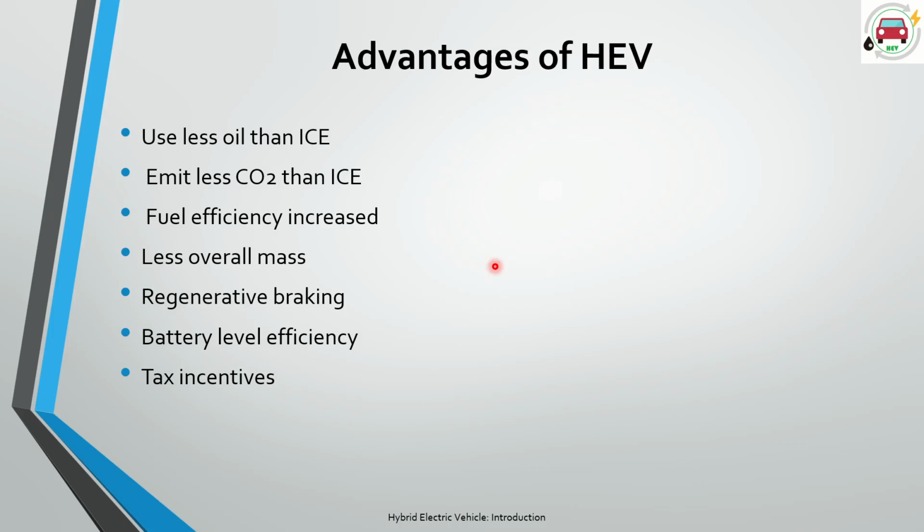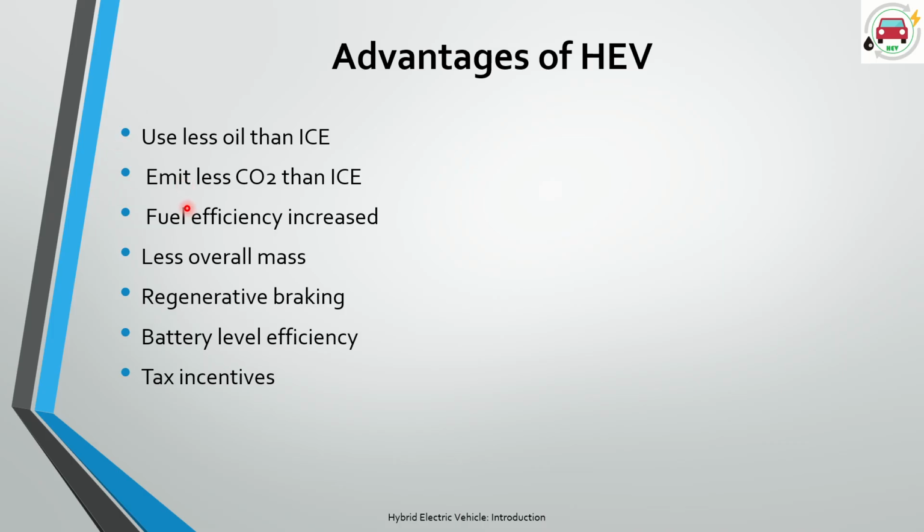The first one is that it uses less oil than an IC engine. If we use only an IC engine for driving the vehicle, it needs a large amount of fuel to run the vehicle solely on gasoline or other fuels.